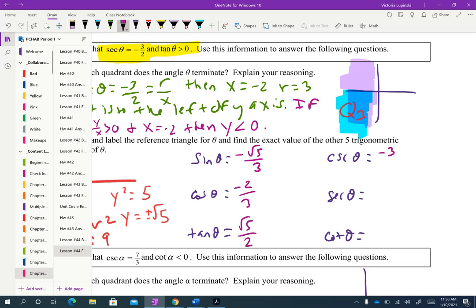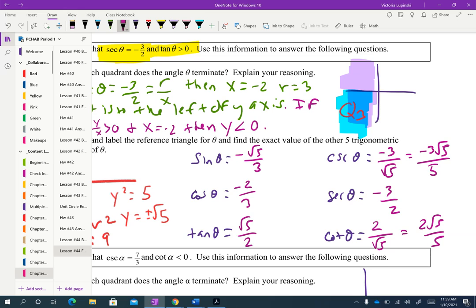So -3/√5, which you will rationalize to -3√5/5. And then -3/2. And then 2/√5, which becomes 2√5/5. If you have 3 different side lengths, which you do, you should always have 6 different ratios.